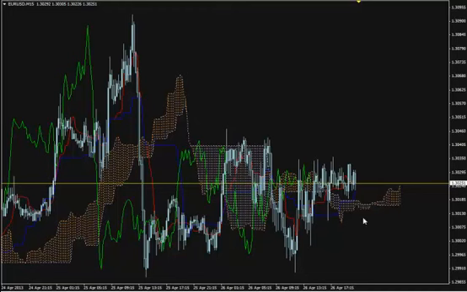Our stop, we can put our stop definitely 10 pips or 20 pips below Kumo, somewhere here.